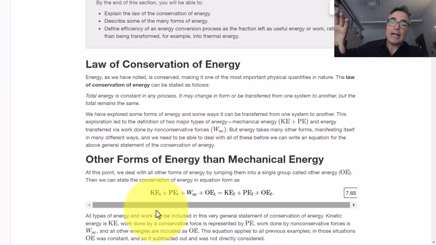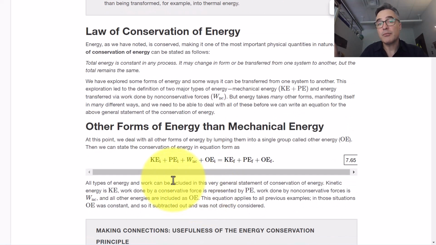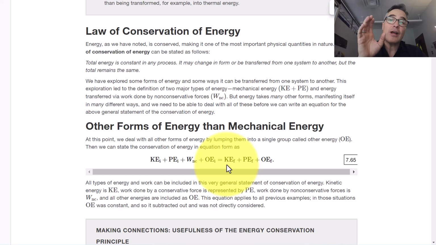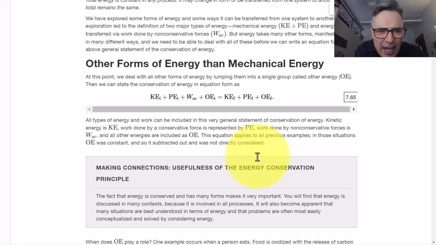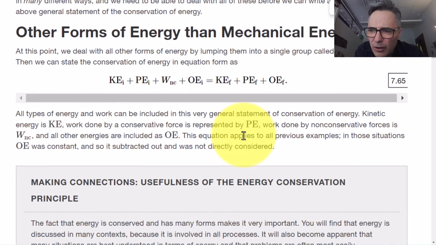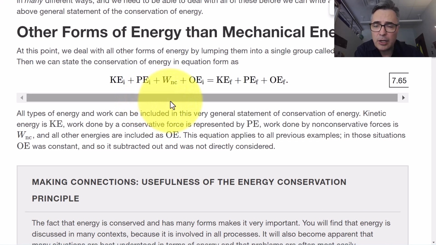So what you're doing is you're adding up all the forms of energy on the left-hand side of the equal sign for initial energy, and then you're adding up all the forms of energy again for some final situation. And they have written a bunch of terms here. So KE is kinetic energy, PE is potential energy. So kinetic energy, the energy of motion. PE is the energy of position, like from a spring or from gravity, a conservative force.